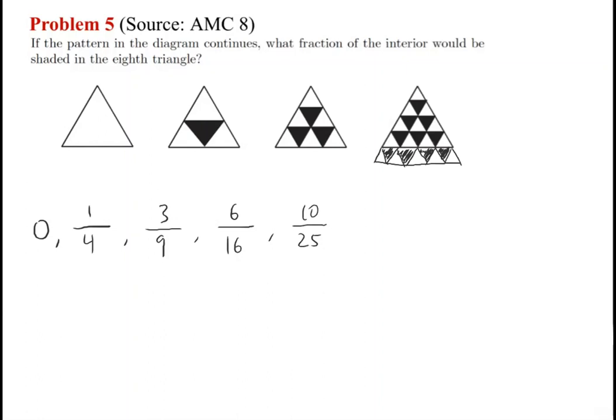And for your numerator, we can see that this is just equal to 1, but the third triangle is equal to 1 plus 2. And then 6 is equal to 1 plus 2 plus 3. This is equal to 1 plus 2 plus 3 plus 4.